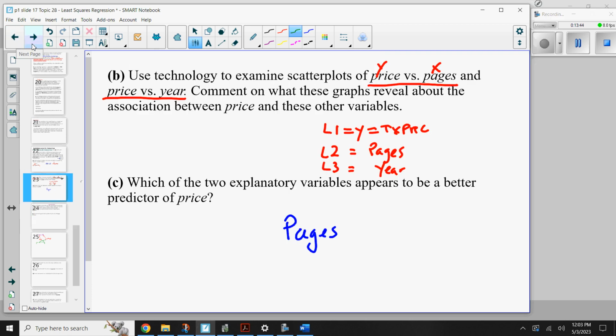X, I'm looking at pages, and that is an x value. Year is also an x value, but I don't think I'm going to come back to that because it doesn't seem to be very helpful. Well, maybe we'll come back to it. But those are both x values. So I'm going to enter L2, comma, L1. So let's go back to our problem here.